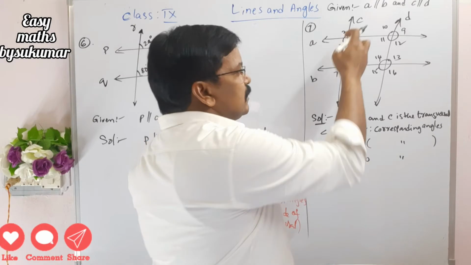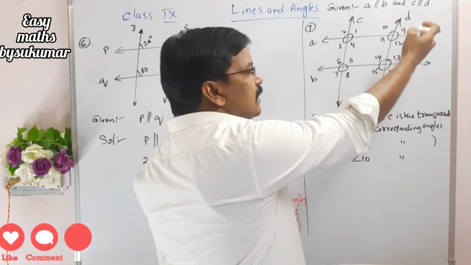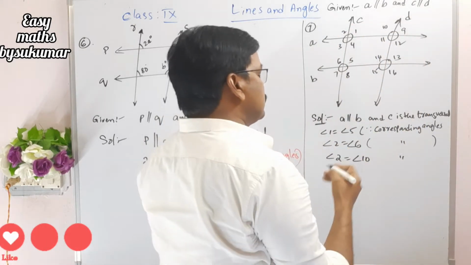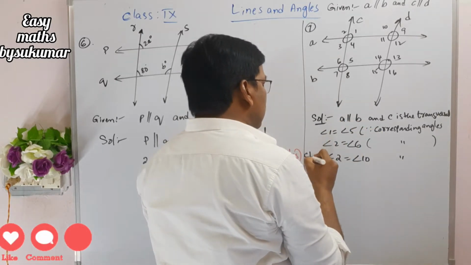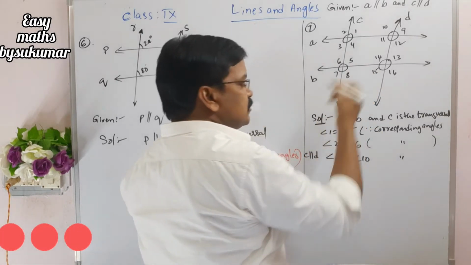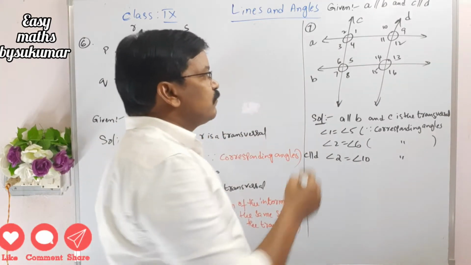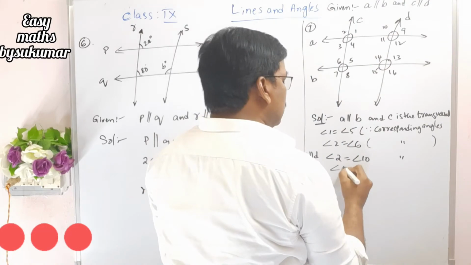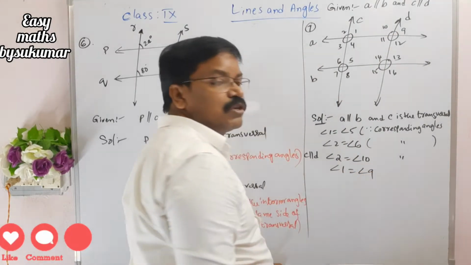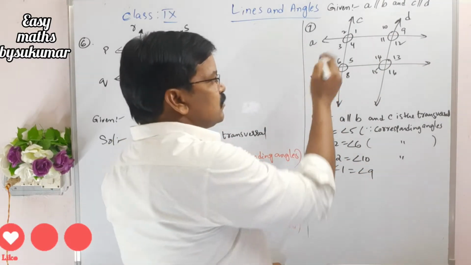Of course, C and D are parallel, and A is a transversal here. Therefore, angle 2 and angle 10 are equal, and angle 1 is equal to angle 9. These are also corresponding angles. Understand, my students?